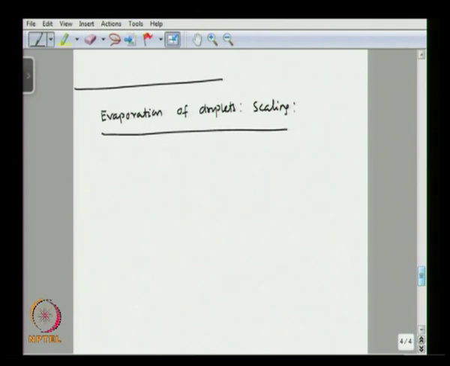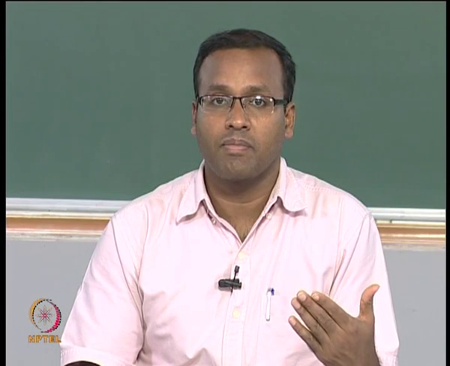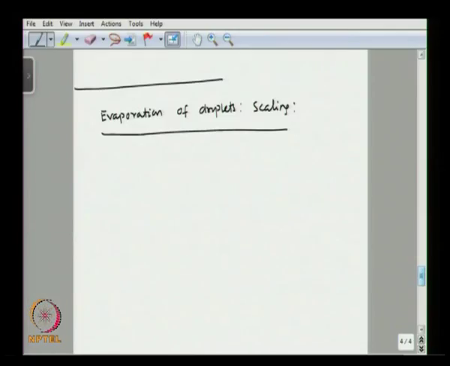We know that the evaporation of the droplets is going to follow what is called the d square law. What it means is that d square equal to d0 square minus beta t.